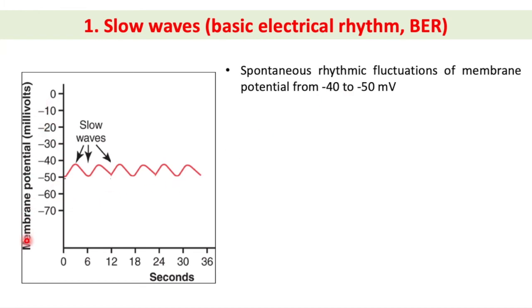So this is your membrane potential in millivolts. This is duration in seconds. So this is slow waves, the rhythmic fluctuation of membrane potential between -40 to -50, with some references saying -50 to -60 millivolts, but it depends on your reference. So it's about -40 to -60 millivolts.